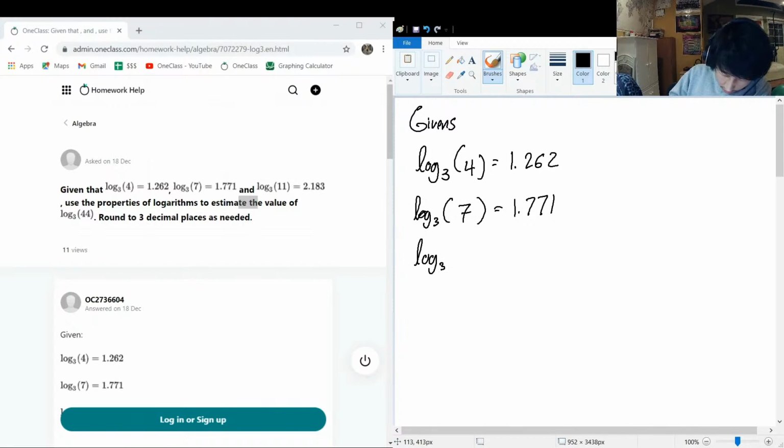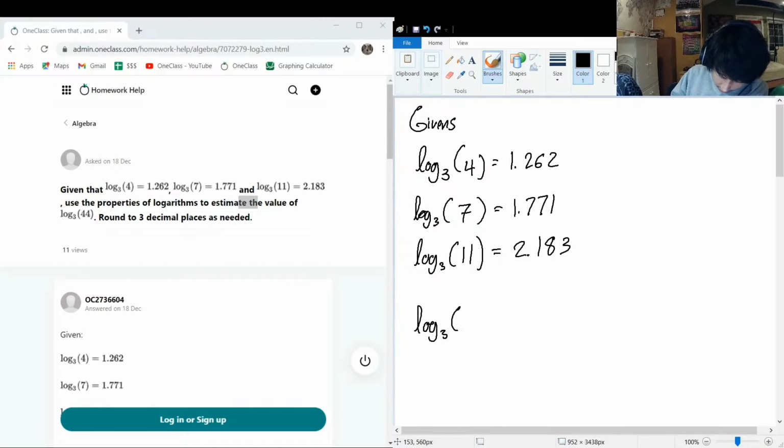And log base 3 of 44 is, whoops, that's what we're looking for. What we're actually given is log base 3 of 11, and this is going to be equal to 2.183. Awesome.